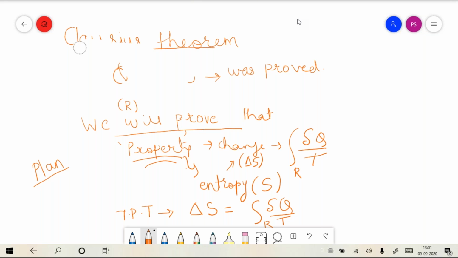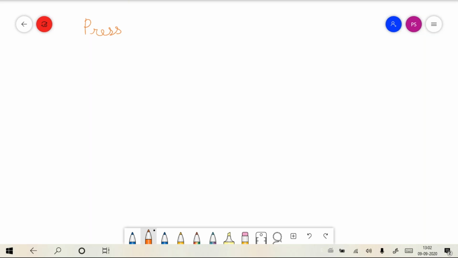In the videos which were shown to you, there was a discussion on properties like pressure, which are well-known properties. We talked about volume. Pressure is a property you know, volume is a property you know, and temperature is a property you always encounter.